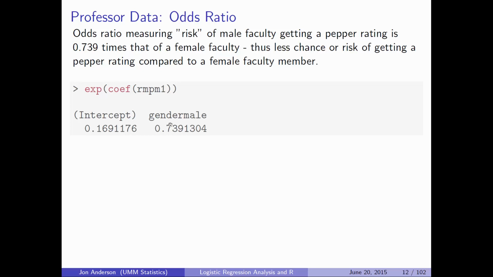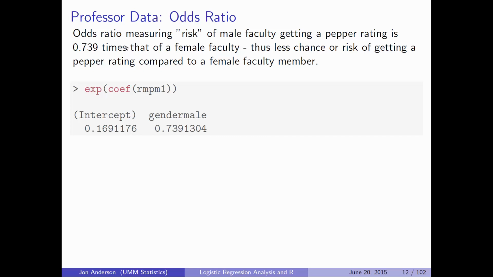Here is the beta 1 hat coefficient for gender, and e to the beta 1 hat is our estimate of the odds ratio of getting a pepper rating for a male faculty member divided by the odds of getting a pepper rating for a female faculty member. And this fraction, you'll notice, is less than 1, signifying that males have less probability or less risk of getting an attractiveness rating compared to female faculty. It's 74% of the risk.